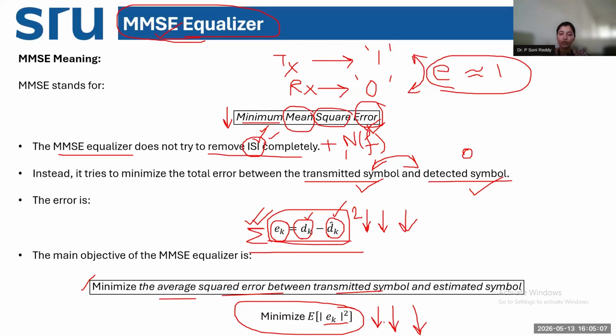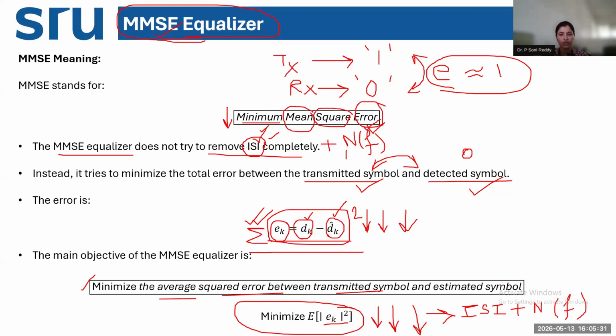So ultimately, what is the effect of making this error as small as possible? It is actually reducing both the effect of the ISI due to the multipath effect of the channel, as well as the noise factor which is introduced in the signal during the wireless propagation.